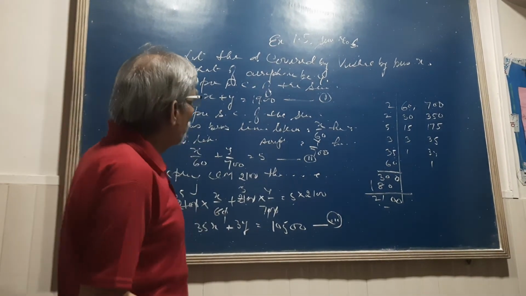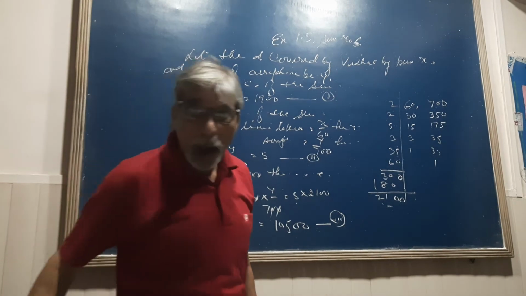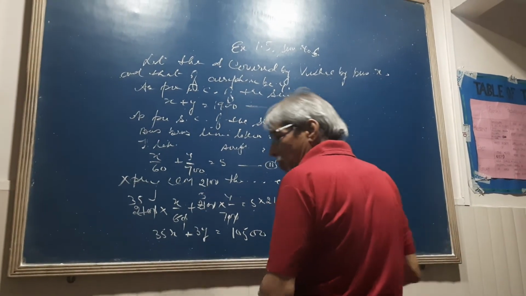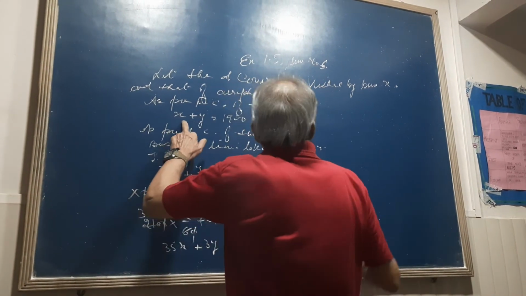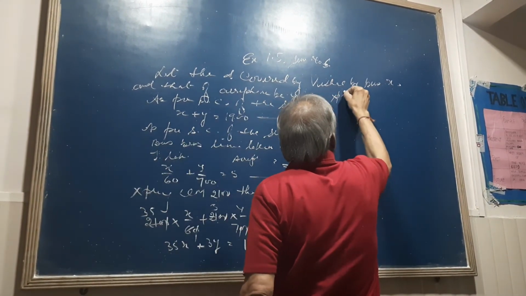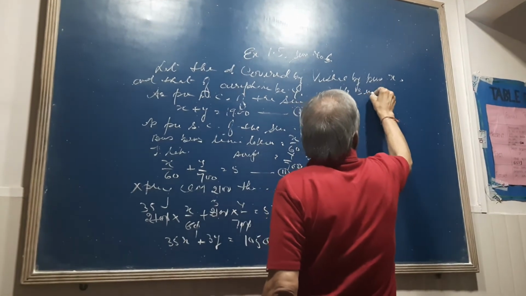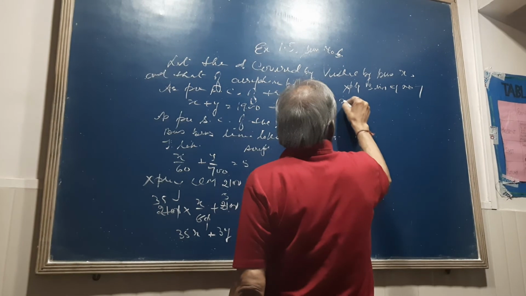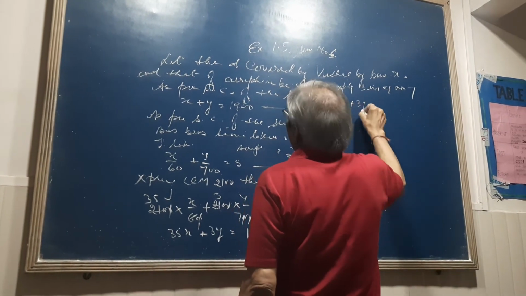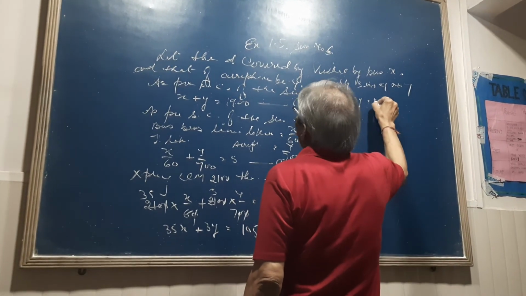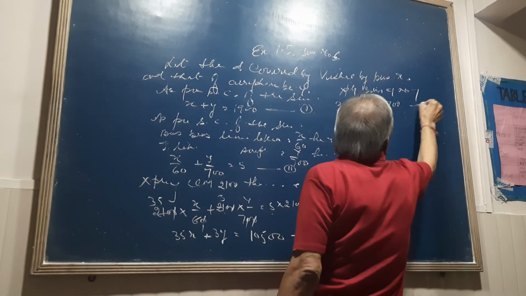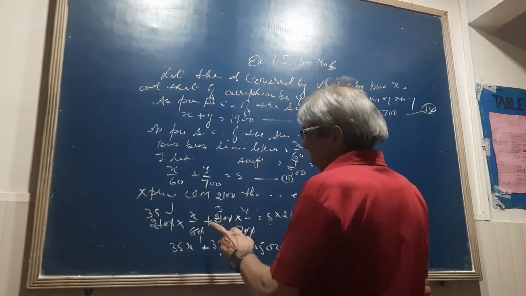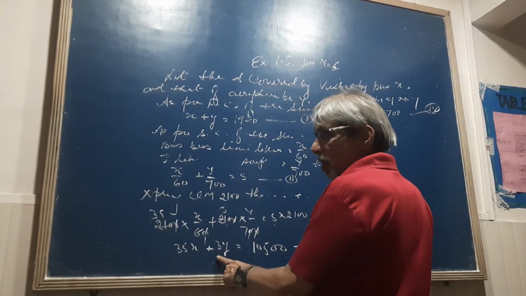So multiplying equation number 1 by 3, that is 3X plus 3Y is equal to 5700. Equation number 4. Now 3X and 3Y, they are the same.